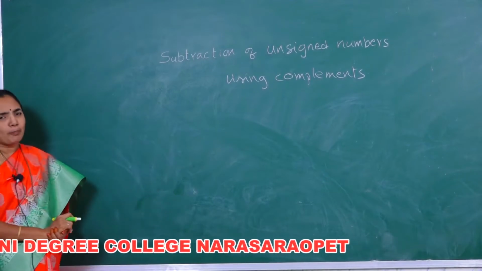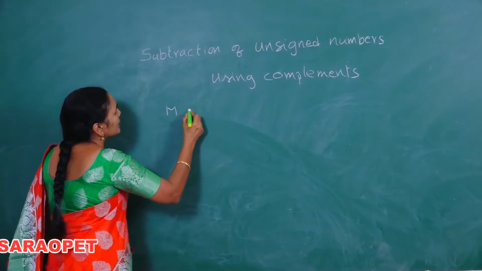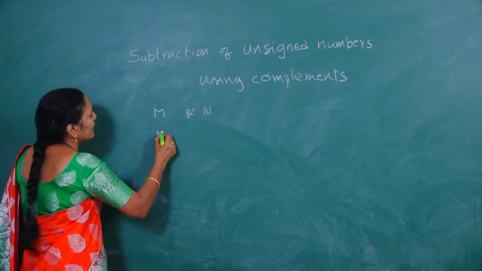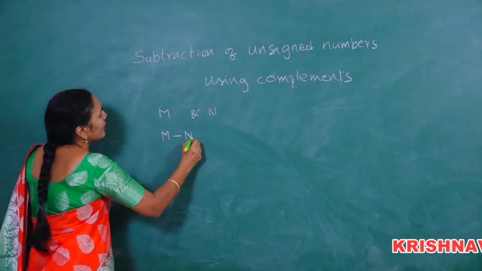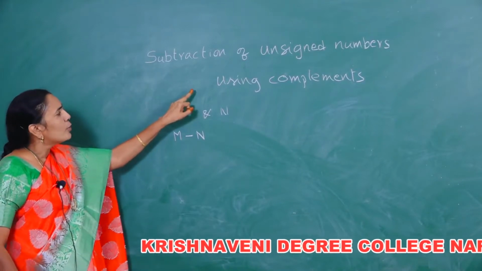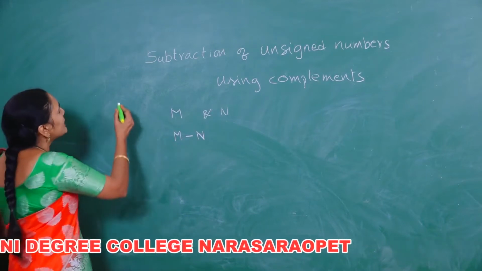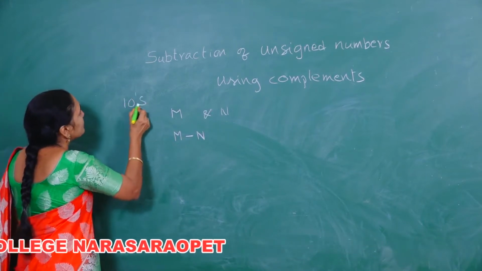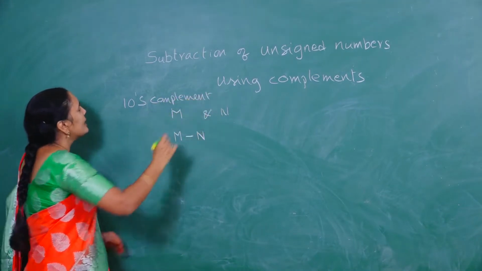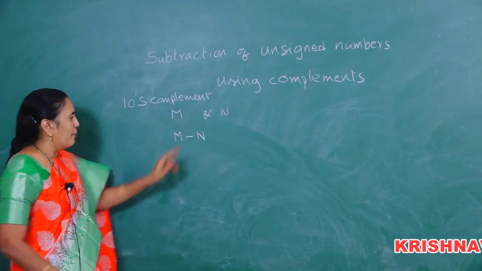Before going to that, let us assume that we have taken two numbers m and n and we are interested to subtract n from m. Here we are going to do the subtraction using the complements. Now, I am going to discuss 10's complement, that is nothing but the r's complement of a decimal number.